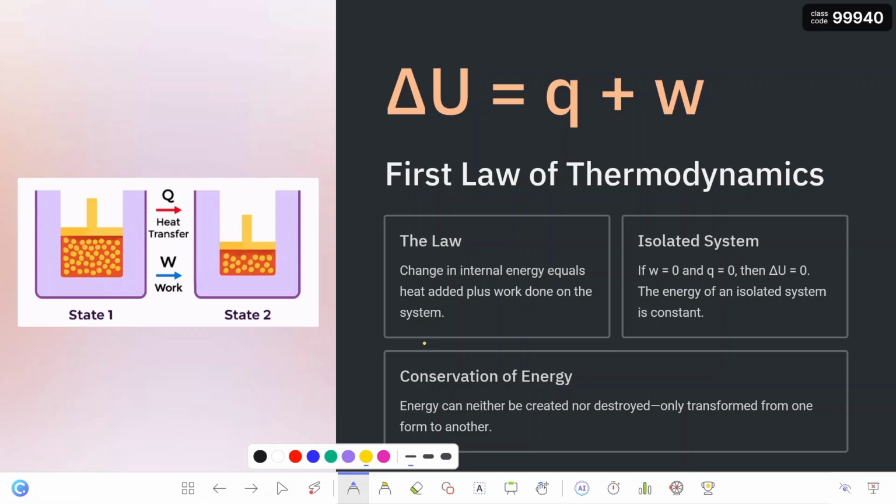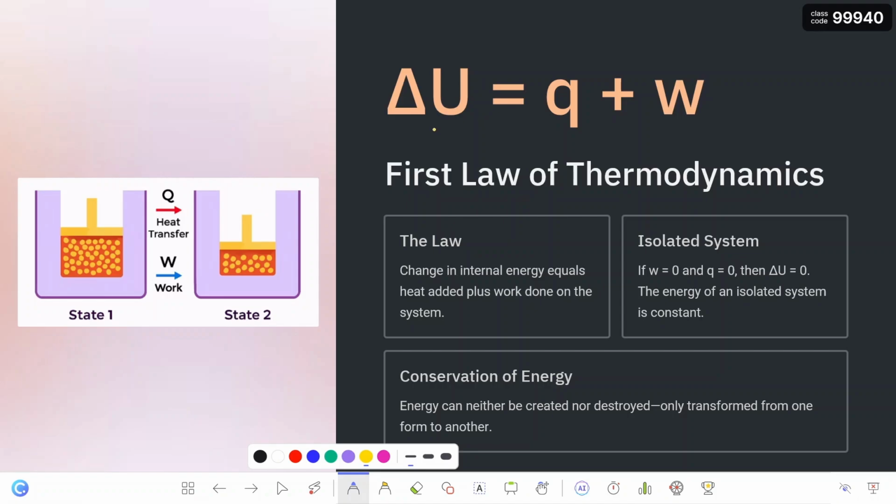As I told, here we have considered only change in internal energy by either heat or work. We are not doing both at a time. Suppose we are doing both at a time, transferring heat and also work.